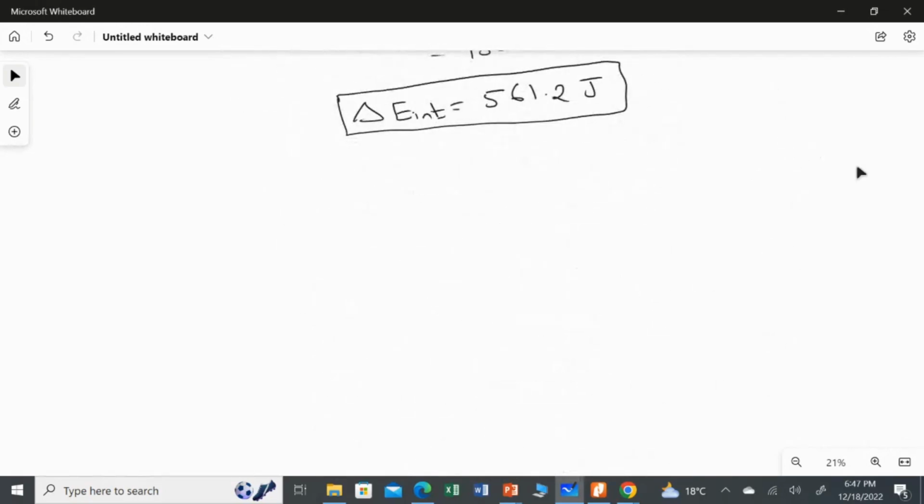Okay, now we have to go for the last question. What is the change in average kinetic energy per atom? As we already know, the average kinetic energy is given by the rule 3/2 k delta T. And here the Boltzmann constant k takes the value of 1.38 multiplied by 10 power minus 23, which is a constant value, and the unit is joules per Kelvin.